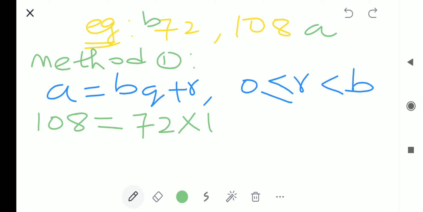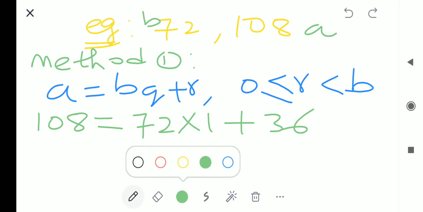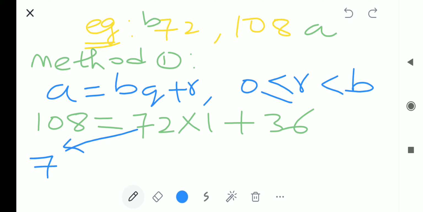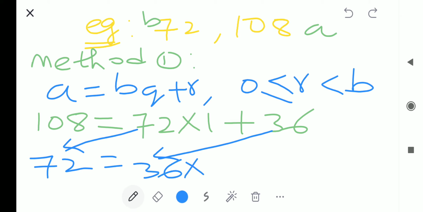So I can write 108 as 72 into 1 plus 36, because 72 ones are 72, plus 36 is equal to 108. Now divisor becomes a dividend in the next step, and remainder will become next divisor. So I can write 72 as 36 into 2 plus 0.